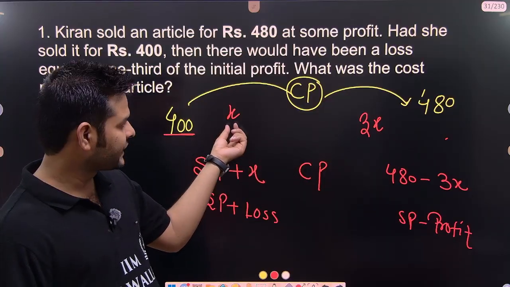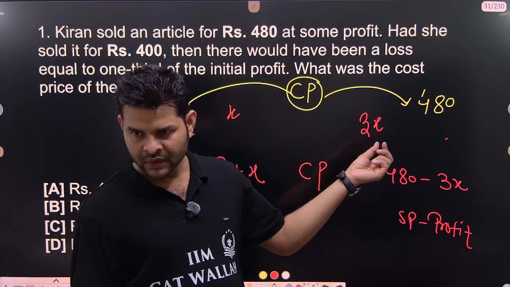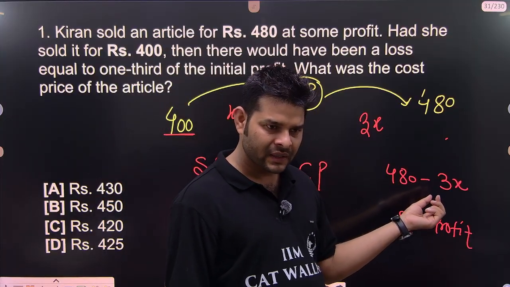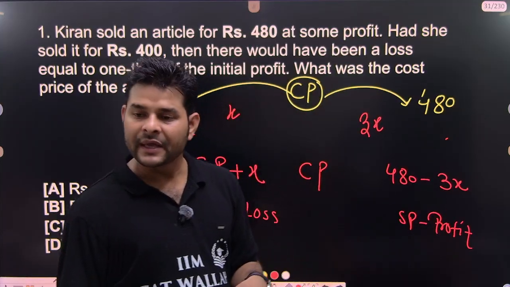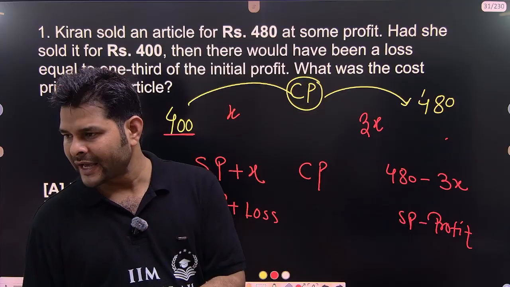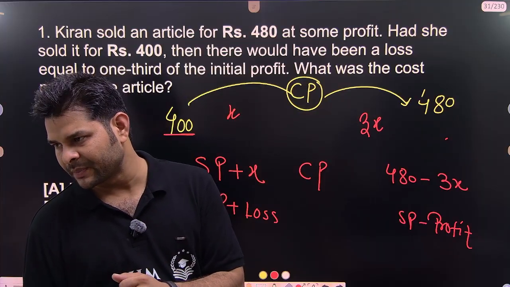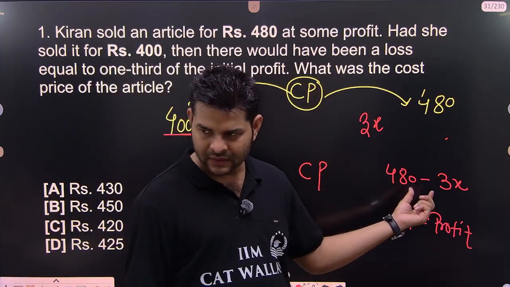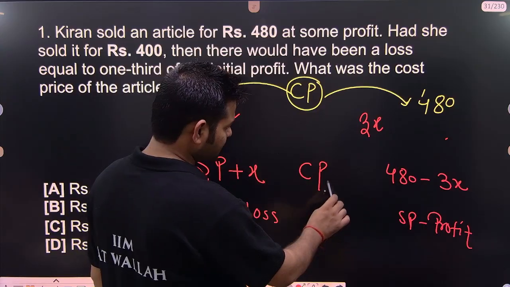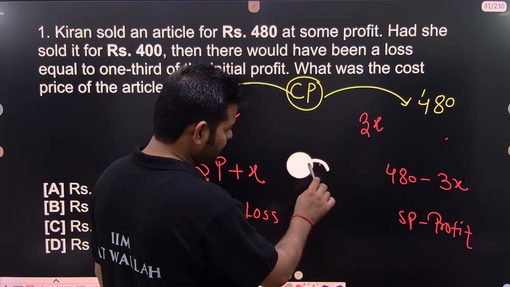So this is basically loss, this is basically profit. If we subtract profit from SP, we get CP. If we add loss to SP, again we get CP. So this is CP, this is also CP. If both terms are CP, they must be equal.